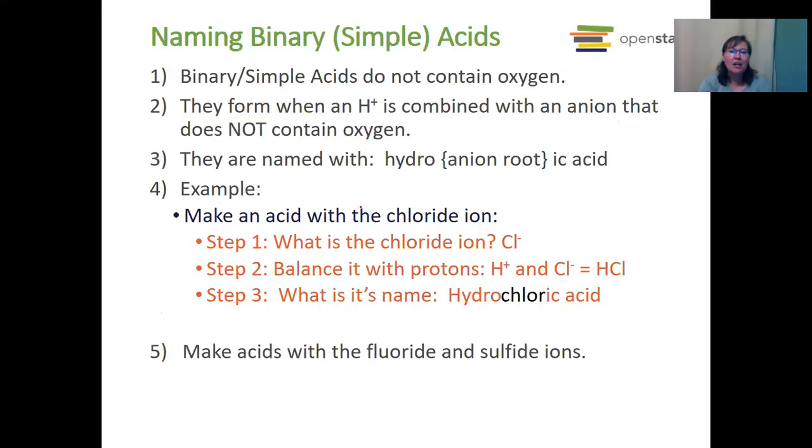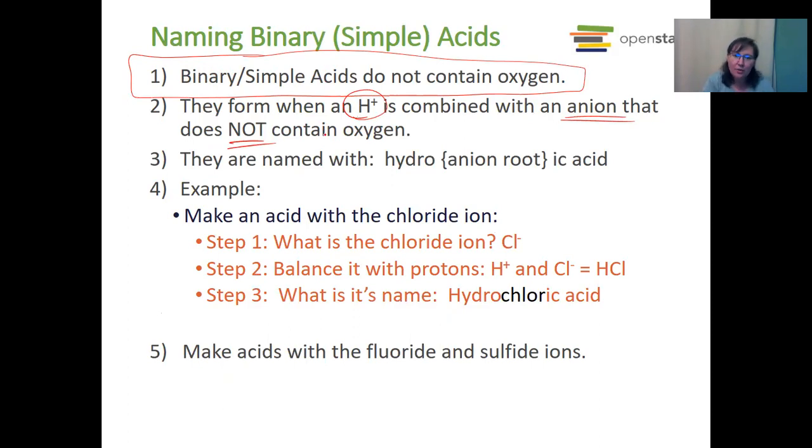Okay, now let's take a look at acids. Acids are tricky. Binary or simple acids do not contain oxygen. They are formed when an H plus is combined with an anion that does not contain oxygen. Most of those are going to be your common monatomic anions like chloride.